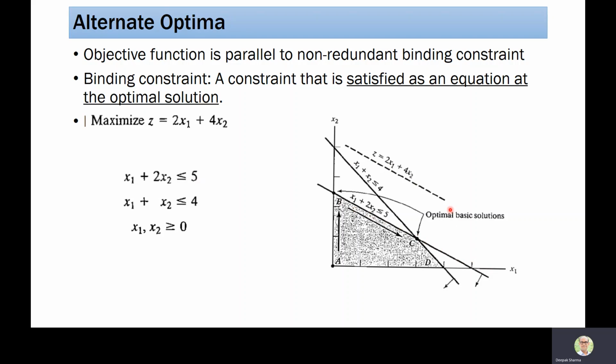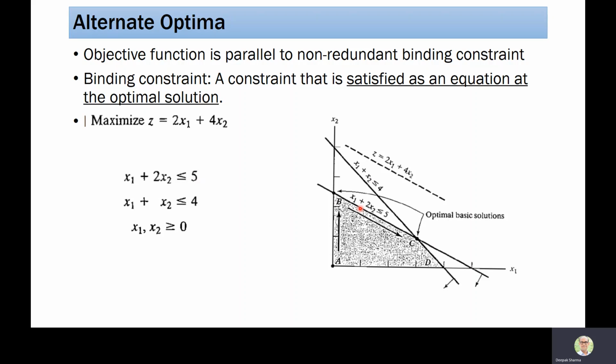In this case, all the solutions lying from point B to C will become optimal solutions for the given problem. Graphically, I can identify that the line is parallel to the non-redundant binding constraint.